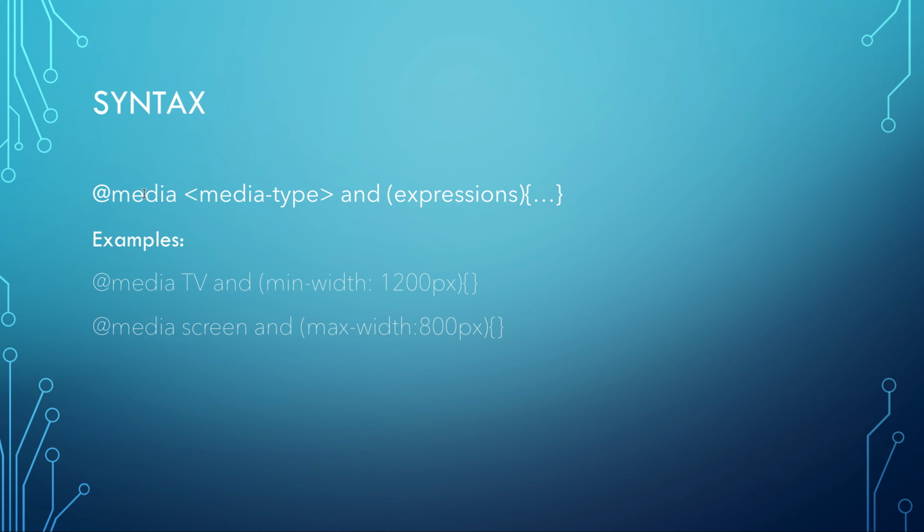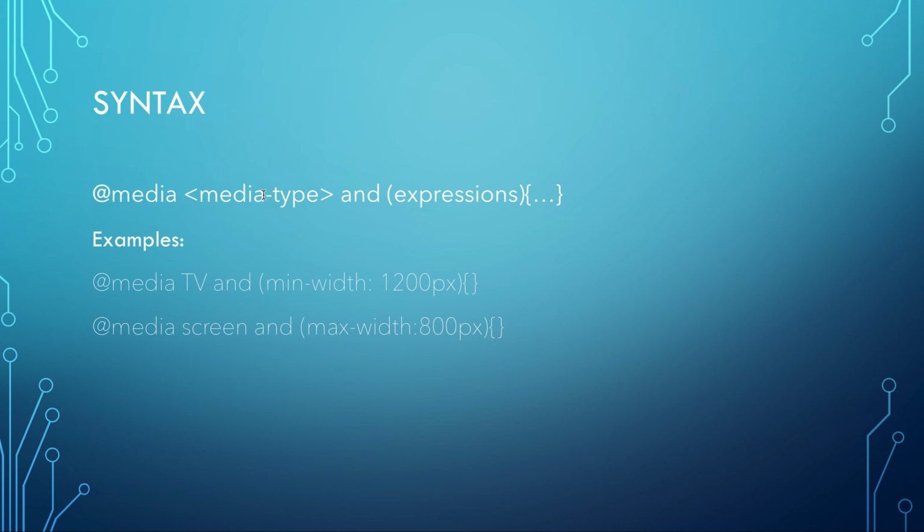And then we put a keyword which defines the media type right here. Media type can be what kind of device or screen we are going to be viewing on, and what type of device these CSS rules are going to be active on.